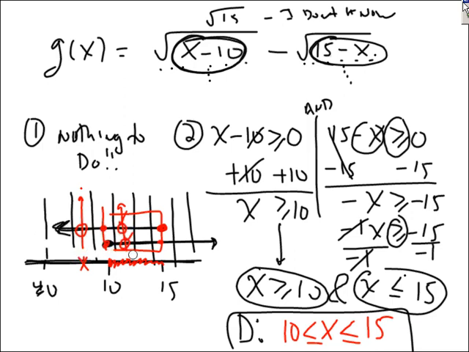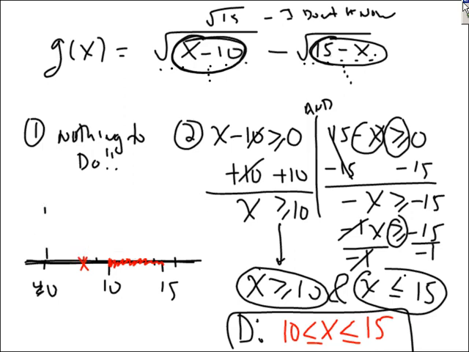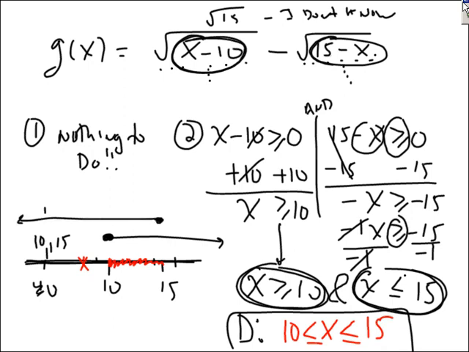Let me be clear why we can include the endpoints. x can equal 10 or more. So the first line includes 10, and it even includes 15, among other numbers. The second line is 15 or less. It includes 15 or less, which means it includes 10.